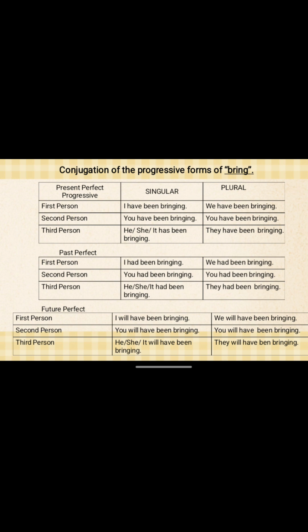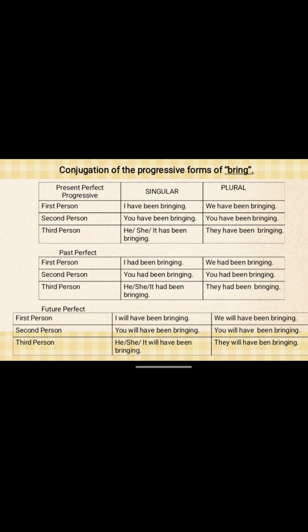So what is future perfect progressive? It is the action that will continue up to a certain point in the future. So the structure we use here is will have been plus verb ing. So first person in singular, I will have been bringing.